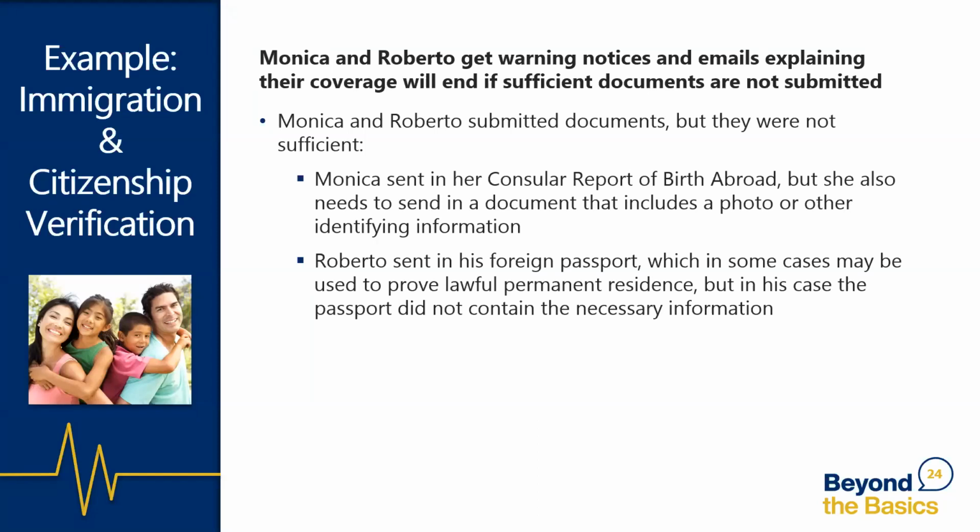In this case, we're going to say that Monica doesn't have that second piece of documentation to prove her identity. So she only submits what she can, and she submits her consular report of birth abroad, right? That proves citizenship. Roberto sends in his foreign passport, which in some cases may be used to prove lawful permanent resident status, but in his case, it's not sufficient information, right? So what happens? Next slide.